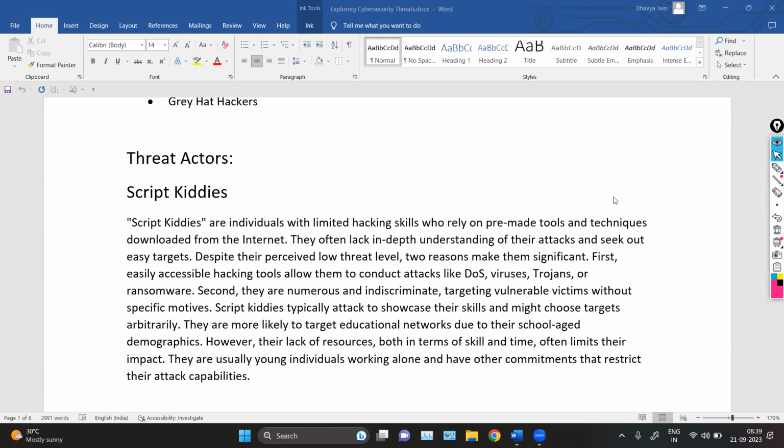They don't have proper skills or any foundational knowledge, but they hack just for fun, or as a hobby, or with the help of pre-made tools and techniques made by other skilled hackers. They are known as script kiddies.